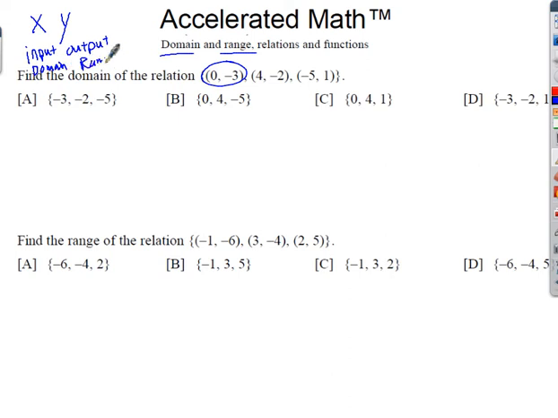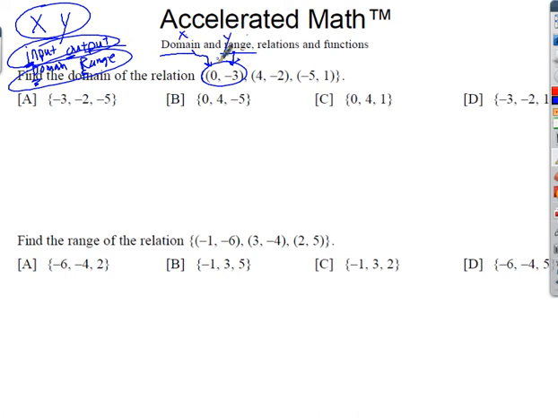What I want you to see here, because some of these terms are not that common, is that x and y are in alphabetical order. Input and output are alphabetical. Domain and range, alphabetical. So at least one thing good about the way they call all these different terms is that they're all alphabetical, so you should be able to remember that. So the domain has to do with the x values and the range has to do with the y values.